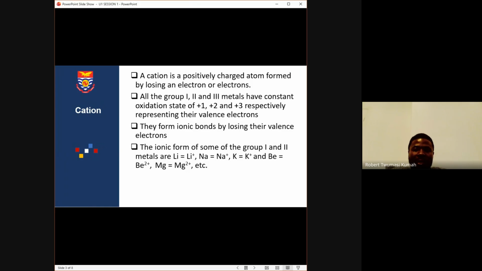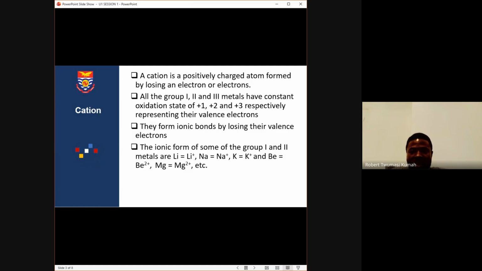Okay, so if we have a case where these shells don't have 8, then something is going to happen. Either the atom is going to lose electrons, so that the last shell, or the valence shell, or the outermost shell now has 8 electrons in it for it to be stable, or it is going to gain electrons so that it becomes stable.